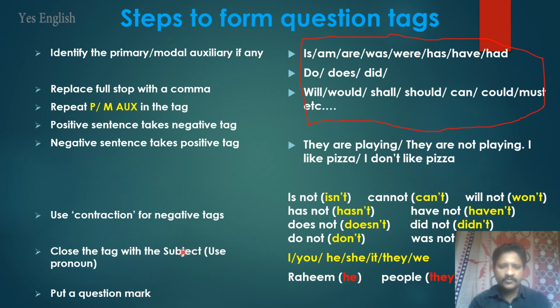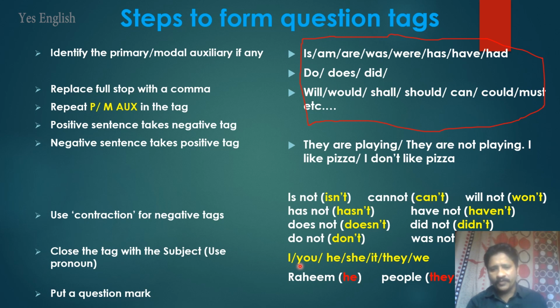Now the next one is, close the tag with the subject. Okay, for example, if the subject is a name of a person, name of a place, or name of a thing, these nouns cannot be repeated in the tag. So instead, we use a pronoun instead of a proper noun.